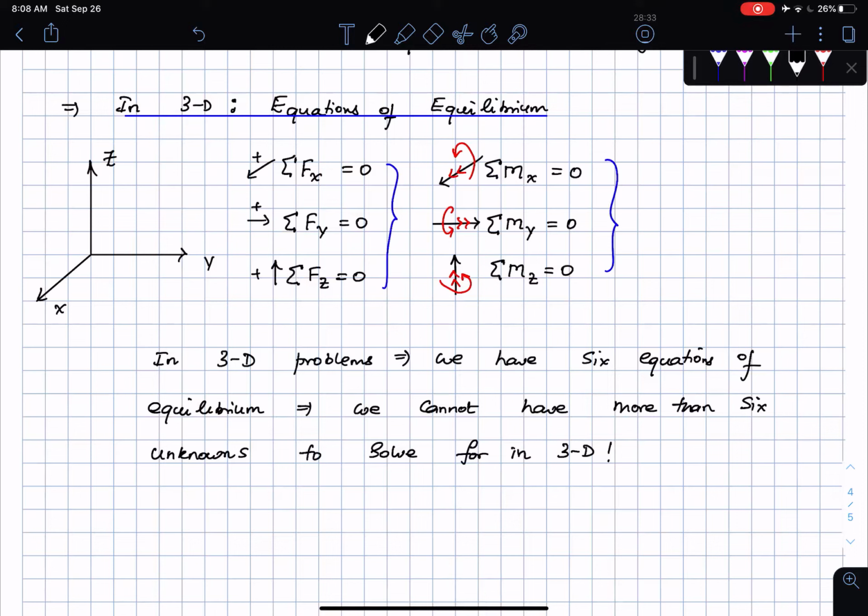So this about wraps up the basic procedure for solving problems in rigid body equilibrium.